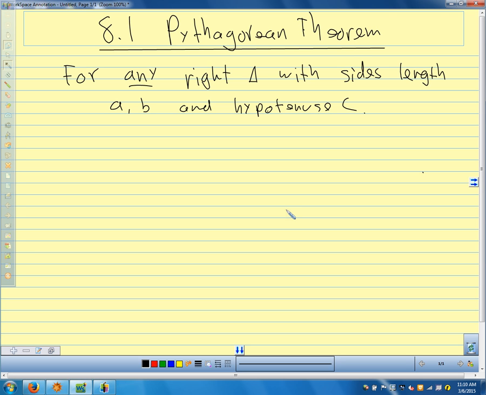You probably got this right. So what is it? A squared plus B squared equals C squared.